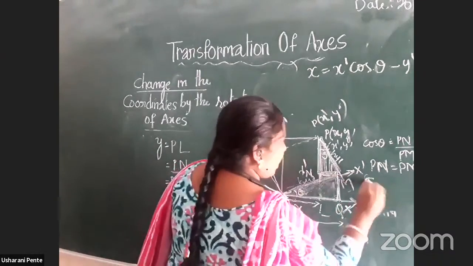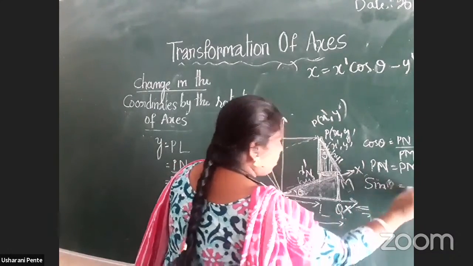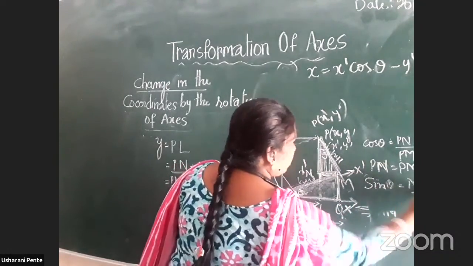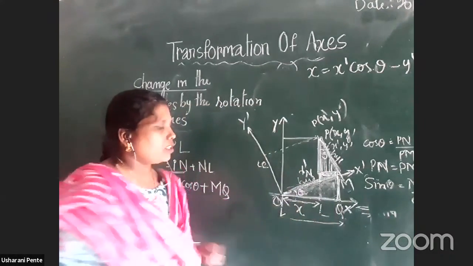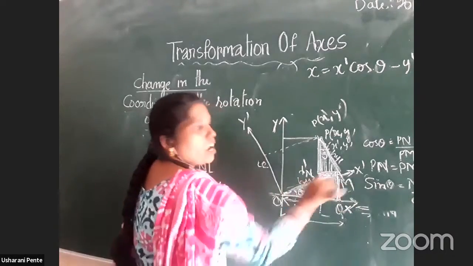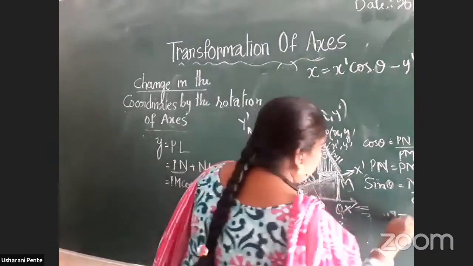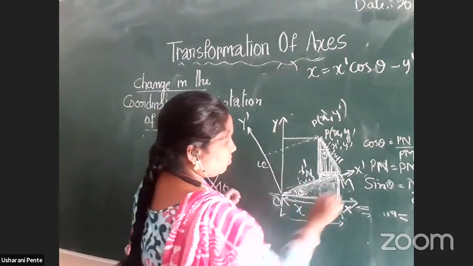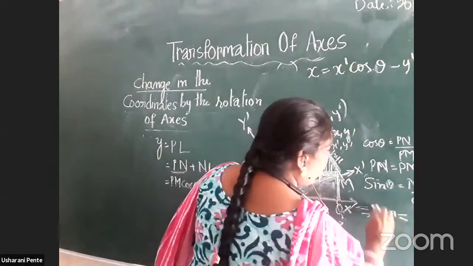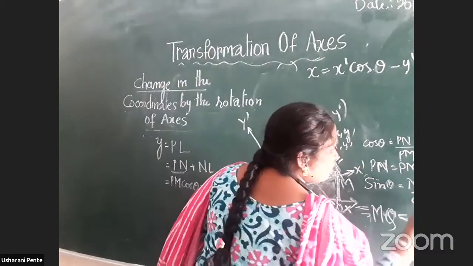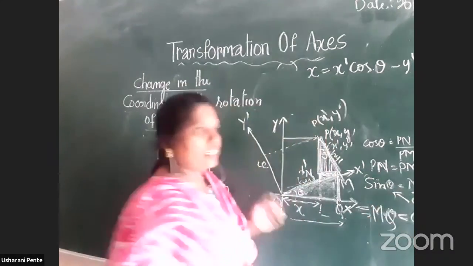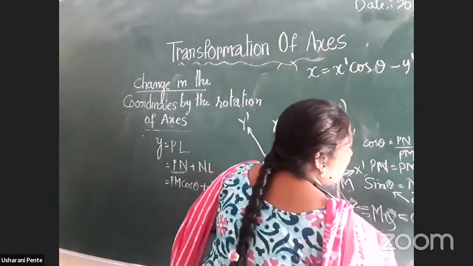That is, sin theta is equal to MQ by OM. Therefore, what is MQ? By cross multiplying, we will get MQ as OM into sin theta.